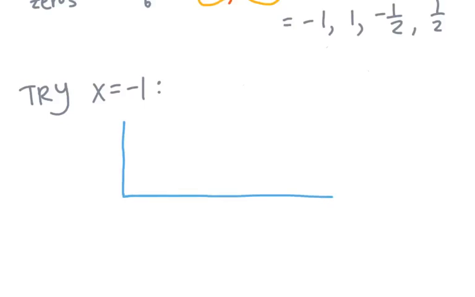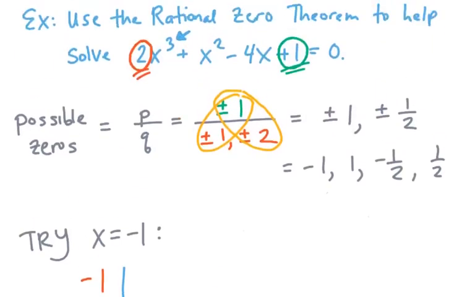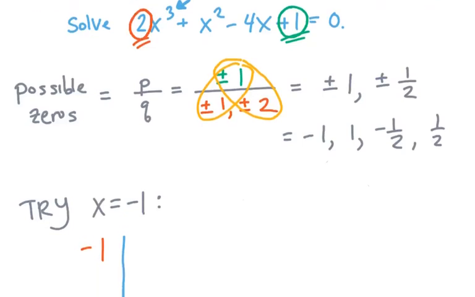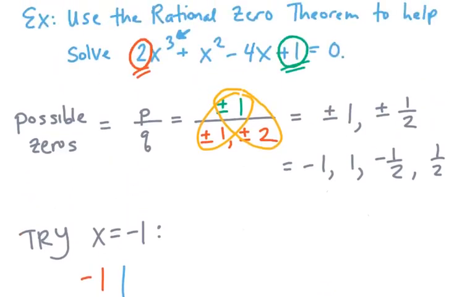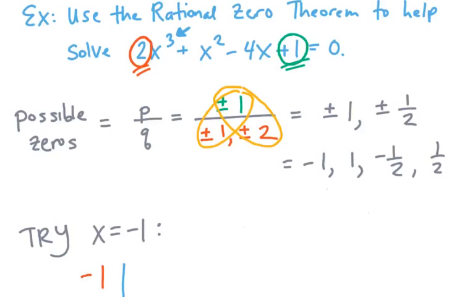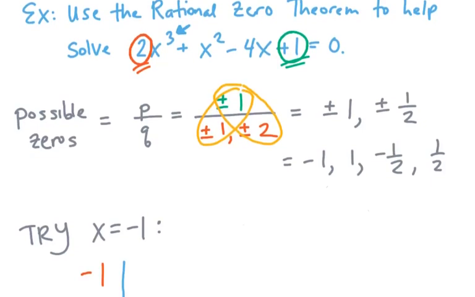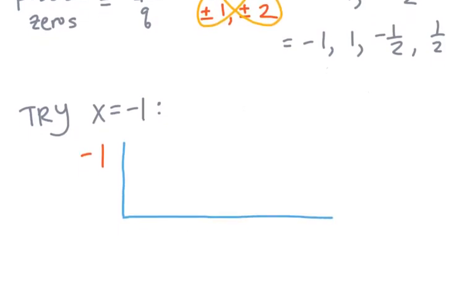If the remainder is not 0, we're going to guess again. So inside the synthetic division, make sure you have this problem written down for yourself. I'm just going to place 2, 1, -4, and 1 as the placeholders from our given polynomial function. So make sure you have written down your 2x cubed plus x squared minus 4x plus 1. So my 2, 1, -4, 1.